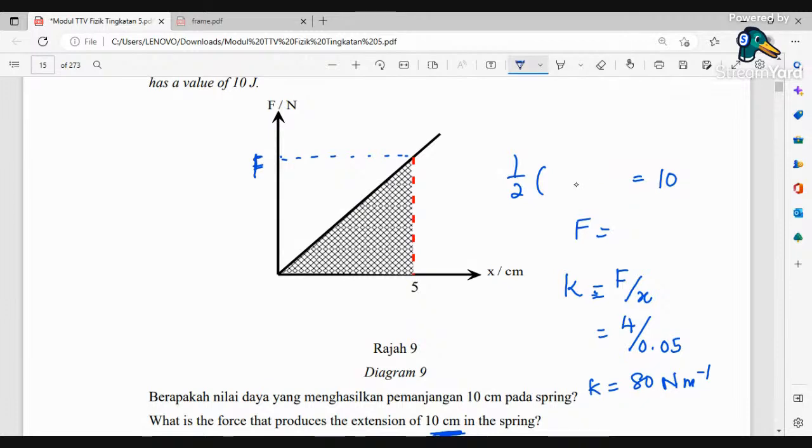So half times this one is cm must convert to meter. Because the area is in joule. So 20 divided by 0.05. So you get F is 400 Newton. Sorry. Okay, 2000 divided by 5, 400. Okay, so here 400. So 400 divided by 0.05.